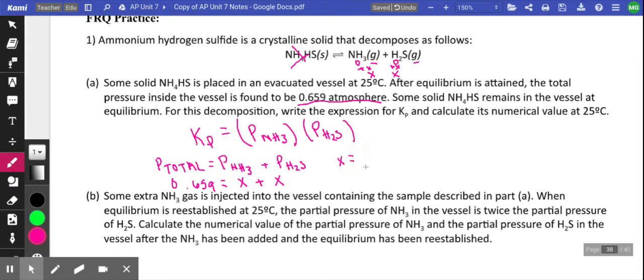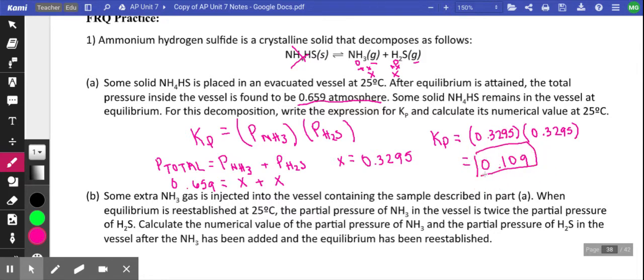I'll solve for my x value, and that should come out to 0.3295. And that's going to be the pressure of each species at equilibrium. So if I plug this into my Kp expression, my pressure of NH3 is 0.3295, and my pressure of H2S is 0.3295. Multiply those together to get my Kp value, and that should give me 0.109. Remember, these K values are unitless, so I don't include a unit here.